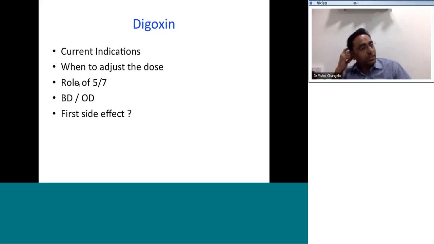What is the first side effect, or first effect of digoxin toxicity on ECG? First sign of digoxin toxicity on ECG. Anybody?